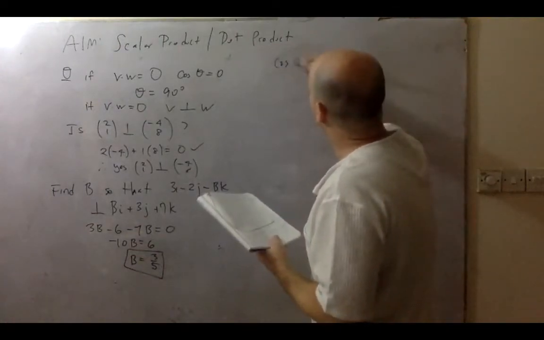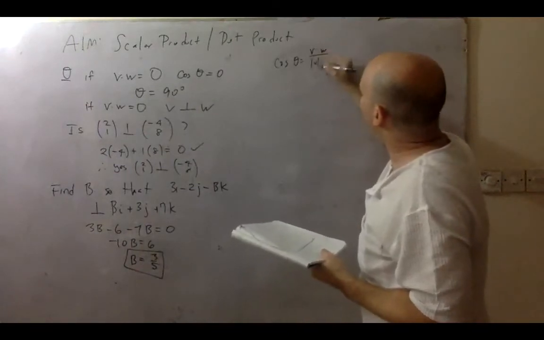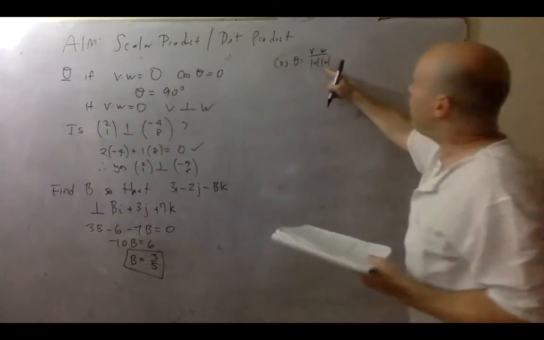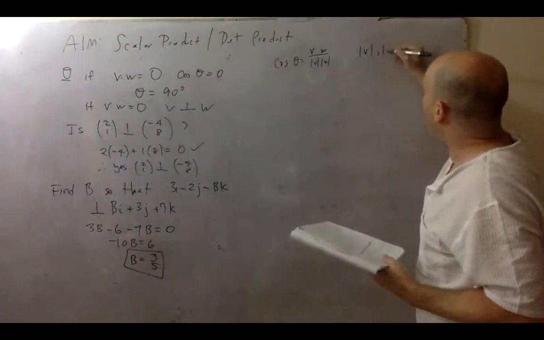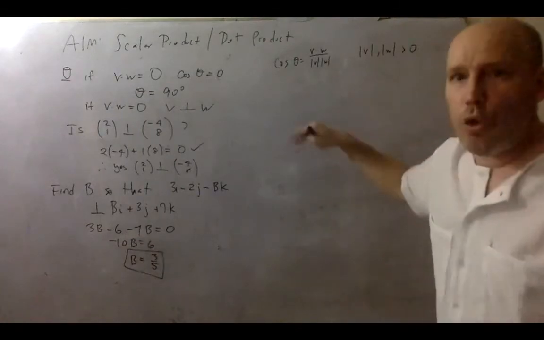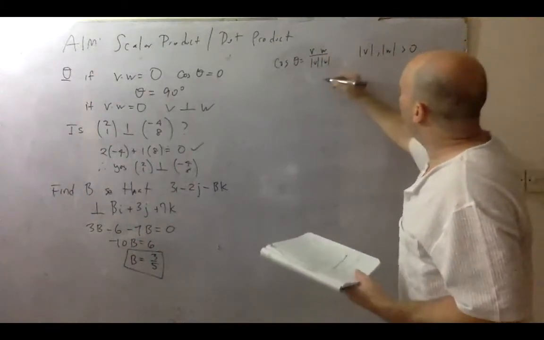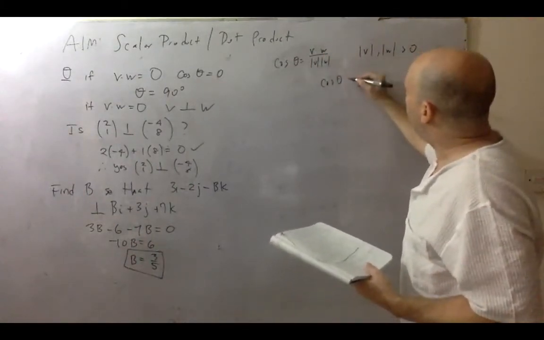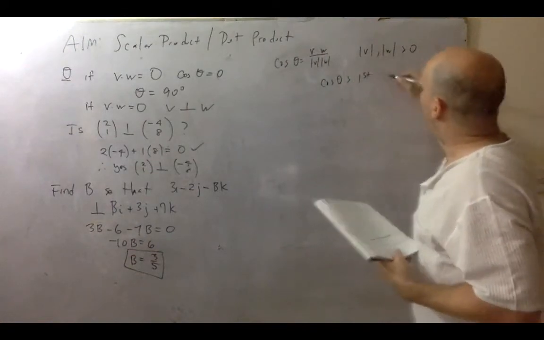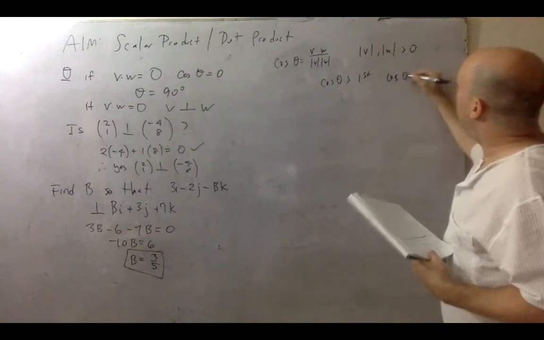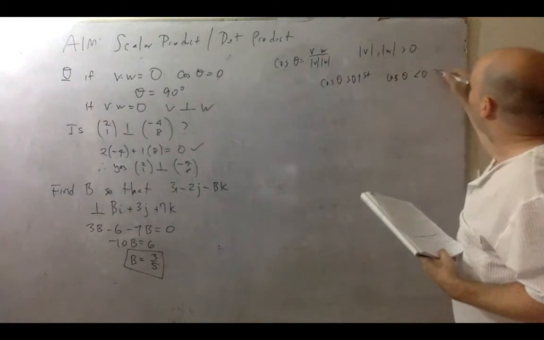We have the cosine of theta is equal to, let's use our V and W, V dot W over the magnitude of V times the magnitude of W. Well, these are magnitudes. So first of all, we know that the magnitude of V and the magnitude of W are greater than 0. So that denominator is positive. So what's going on over here? Well, we know that cosine of theta is positive in the first quadrant and negative in the second.